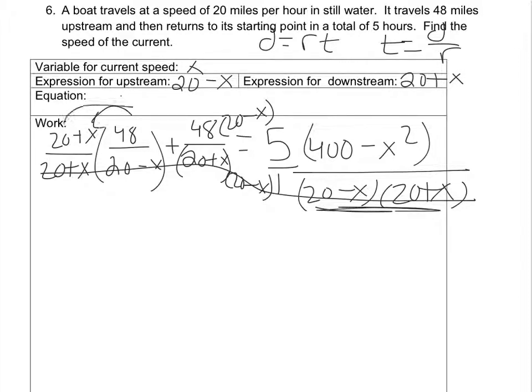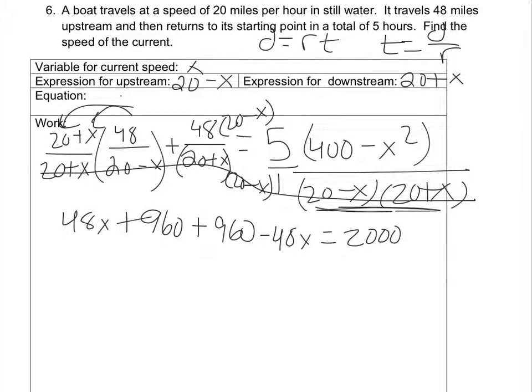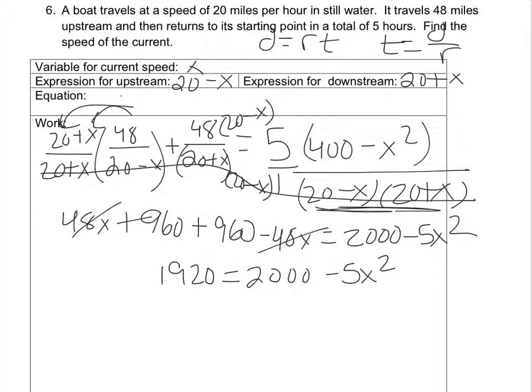So here I got to distribute the 48, so I get 48x plus 960 plus 960 minus 48x equals 2000 minus 5x squared. So 48x minus 48x, 960 plus 960, so you get 1920 equals 2000 minus 5x squared.